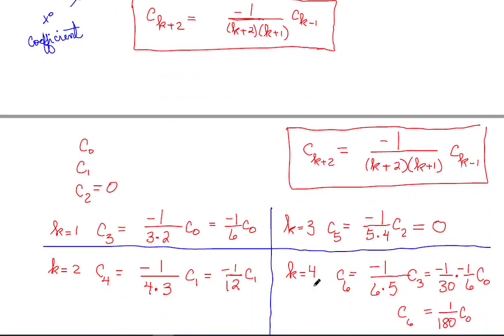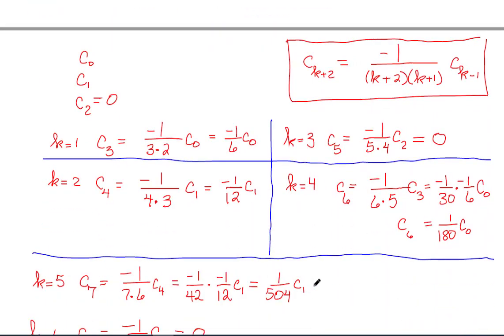So recopying our formula, let's see what's going on. C0 I don't know, C1 I don't know. We saw C2 was 0. So that starts off at C3.